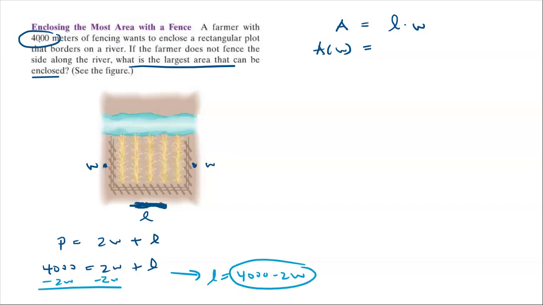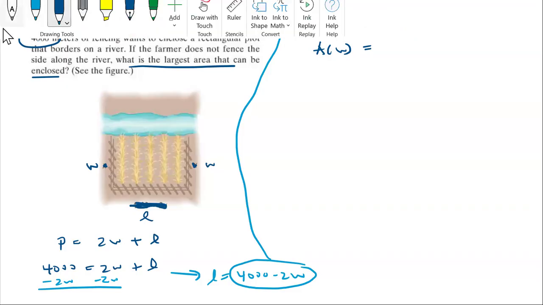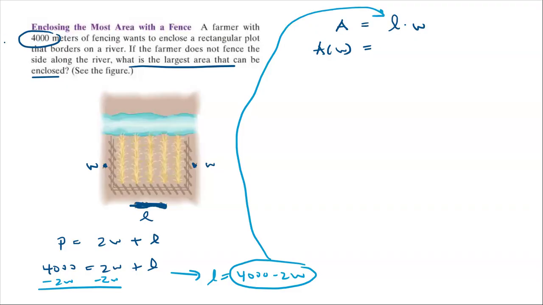I'm going to take this information that we just got and replace that with an L. So then we have 4,000 minus 2W times W. Does anybody have any questions how we got to this point? This is probably the hardest part.